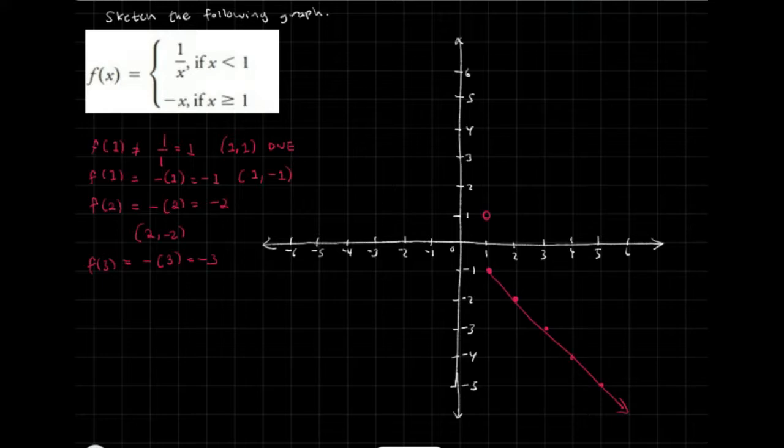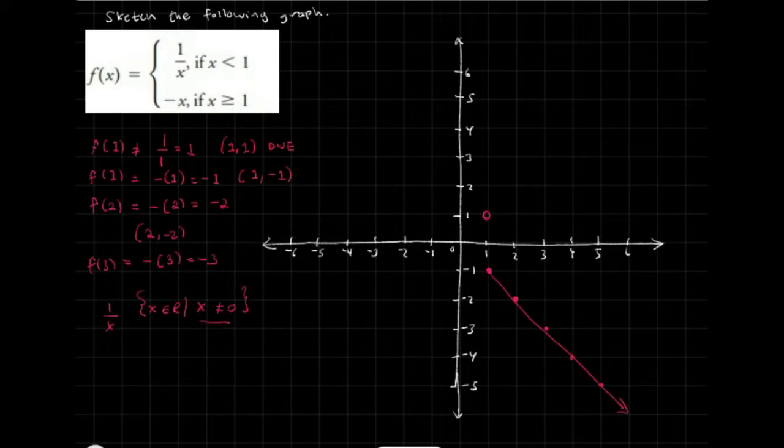Now, as x is less than 1, we can also assess that in the domain of this function, 1 over x, x belongs to the set of all real numbers, but x cannot equal 0. So there's a restriction on x, so we have to be careful with that. We can make it get smaller and smaller to 0, but it won't touch 0.